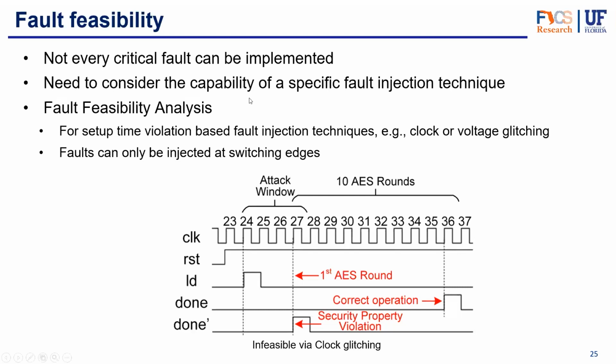When we are in different rounds of AES operation, because we are staying at the same state, it's not possible for us to inject the fault to go to another state. So therefore, if someone wanted to consider any faults in between these 10 rounds of AES, because there is no switching, we are just going to prune them and say that we don't consider them because they are not feasible.